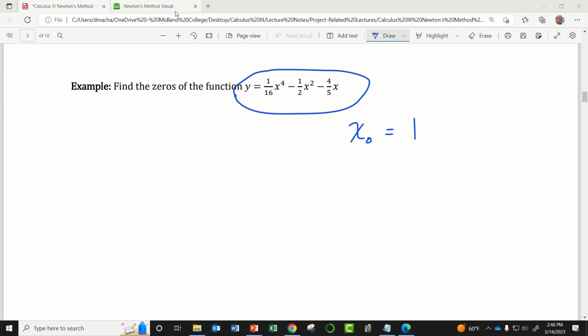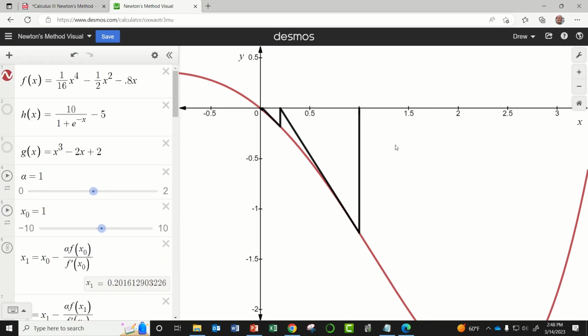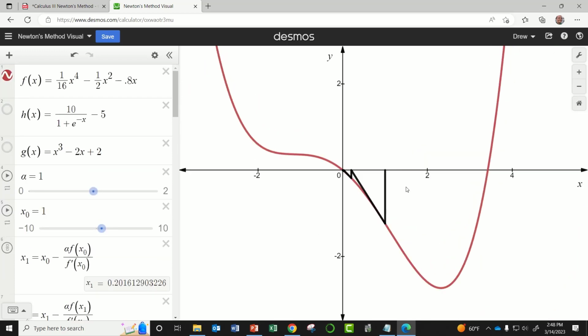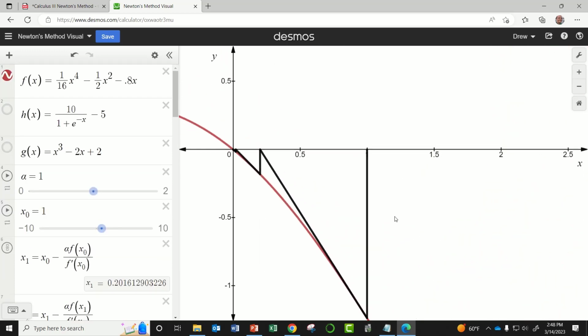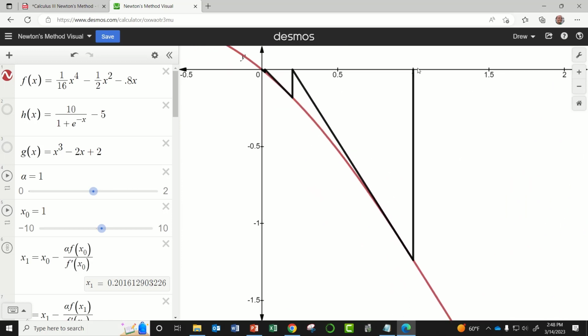And what I'm about to show you is what this would look like on Desmos. So here this red curve is that function we've been talking about. If you started with the initial iterate x equals 1, then this is the value of the function you would calculate, right? Something like negative 1.2375.